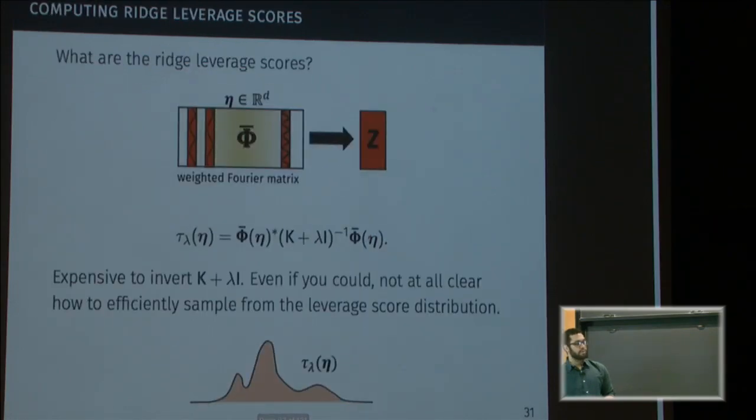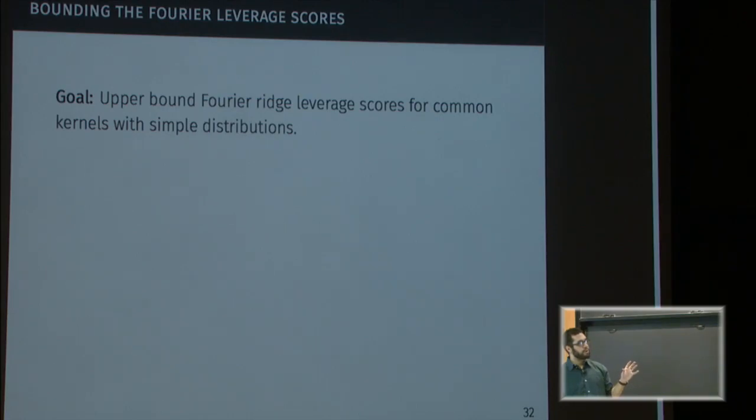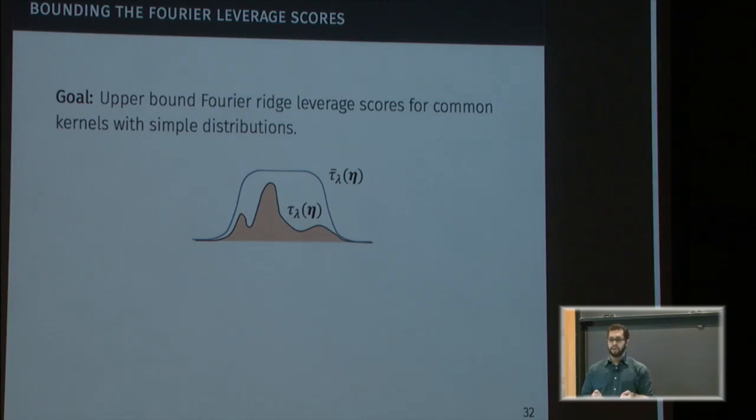Okay, so we're not going to try to compute leverage scores. You could imagine doing some sort of MCMC method to sample from this distribution, but we're going to forget about that. The goal of our paper is: can we approximate that leverage score distribution by some simple to represent distribution that at least upper bounds it?